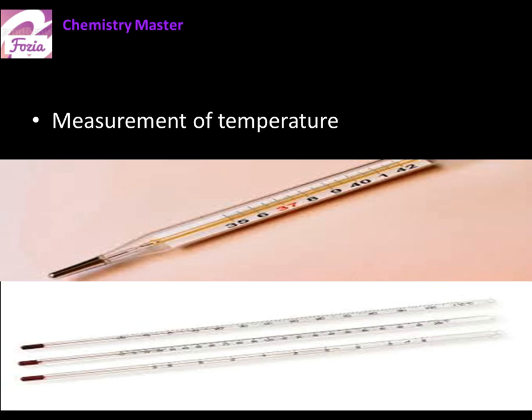We made another alternative in which we used alcohol. Alcohol is dyed with red color so that its rising level can be seen. These days in the lab we are using alcohol filled thermometers.